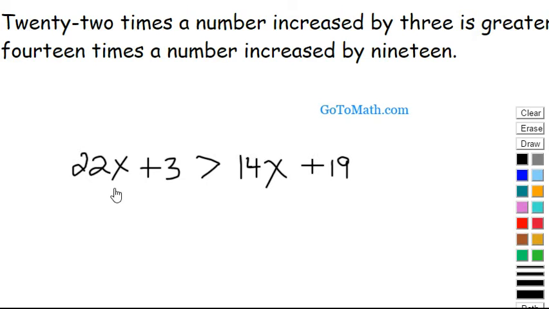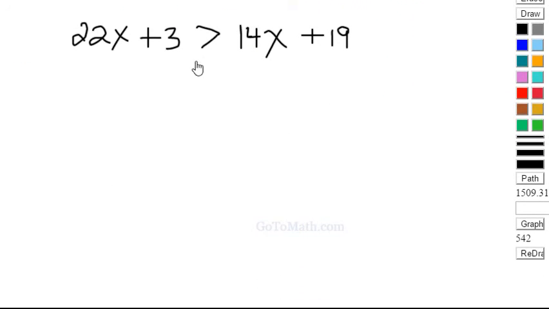So we want to solve for x in this problem. First thing I'm going to do is get my constants all to one side and all my like terms that involve x to the other. The best thing to do here is take 3 over here, and then take 14 over in that direction, whichever order.